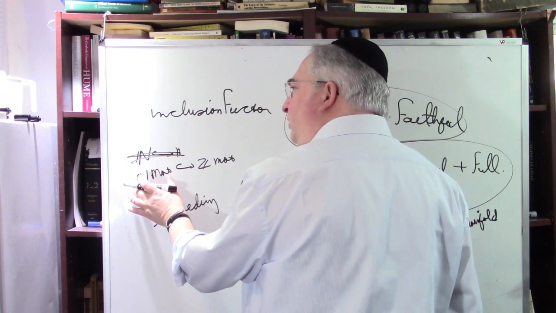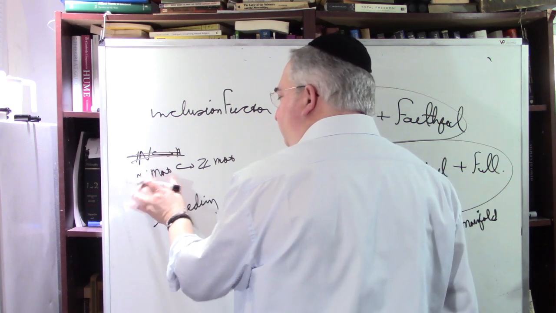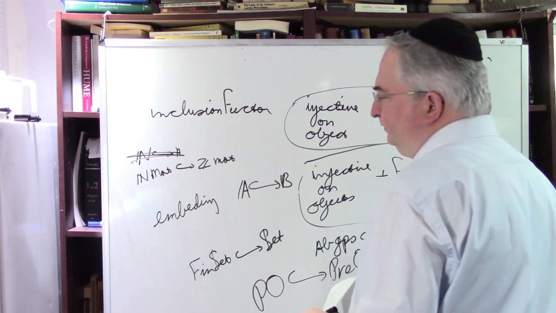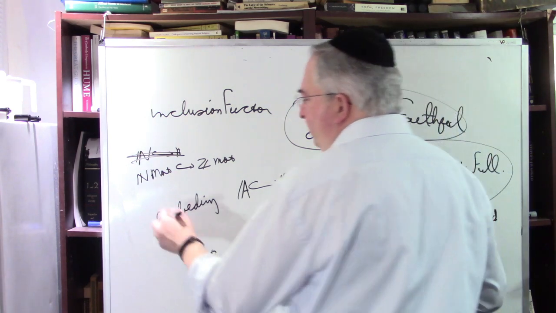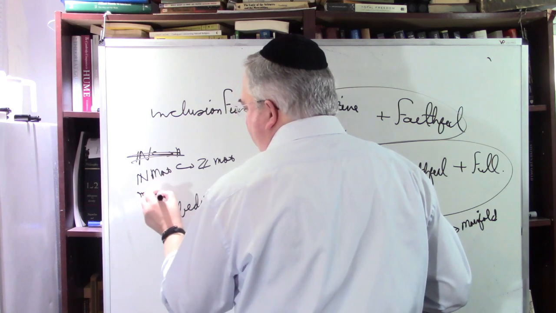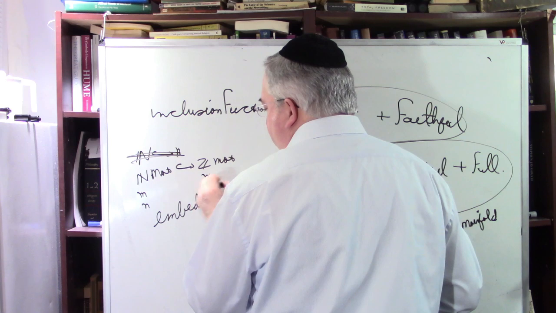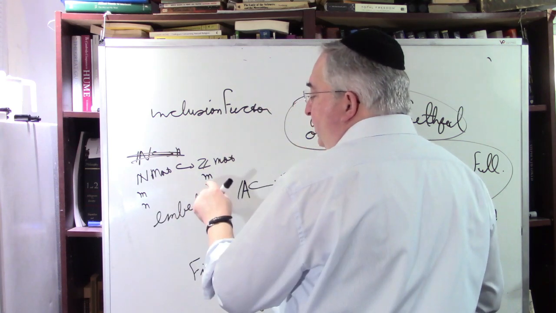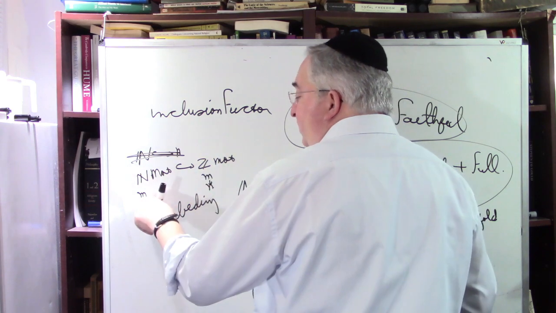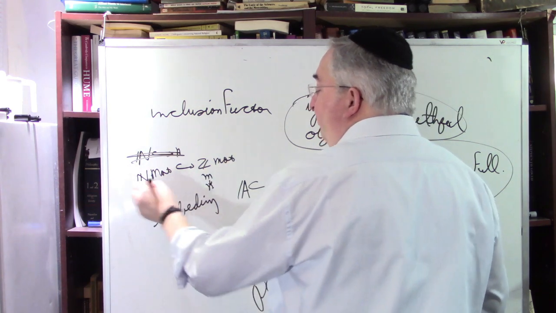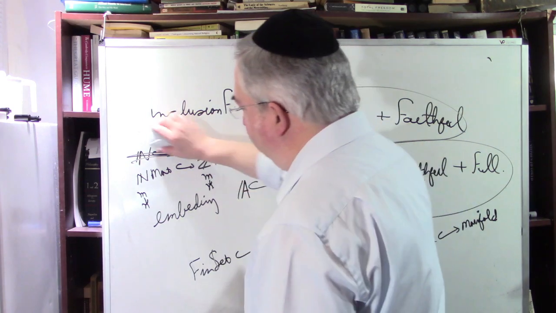One second, maybe I'm wrong. Right. A typical element here is M, and another typical element here is N. A typical element here is M, and a typical element here is N. There are a lot more matrices from M to N here than there are here. So it's not full. So this is not an embedding.